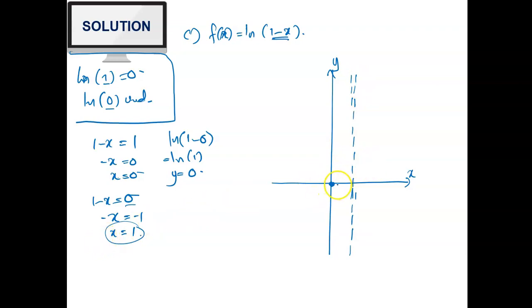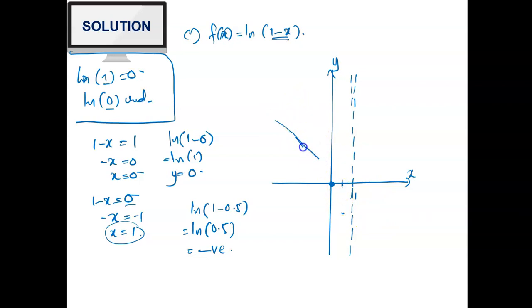let's see how the graph looks when we choose any value of x. Let's say x between 0 and 1, here 0.5. So natural log of 1 minus 0.5 is natural log of 0.5. And natural log of 0.5, again, you may test using your calculator, gives us a negative value. So it's down here. So the graph will be something like this.